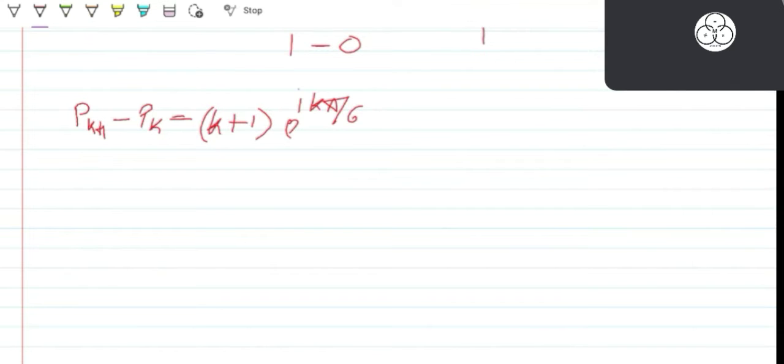Clearly this is a telescoping relation, and from here we can easily compute.